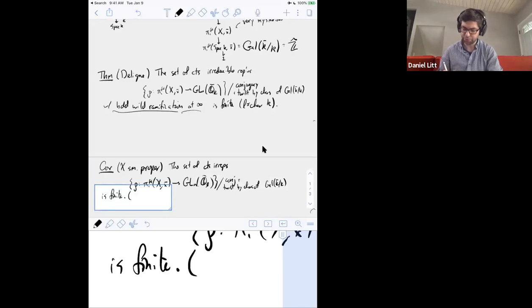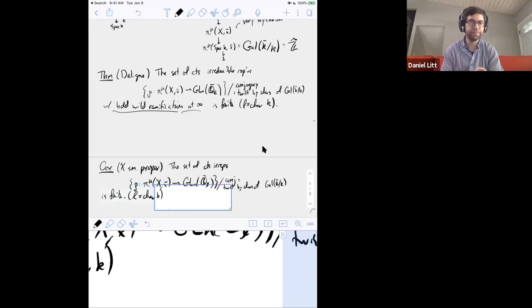And again, we impose the condition that l is not equal to the characteristic of the ground field.